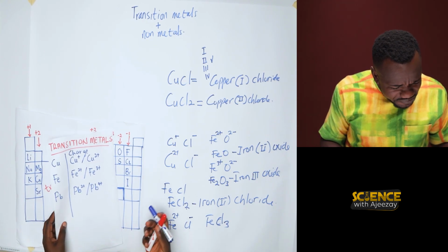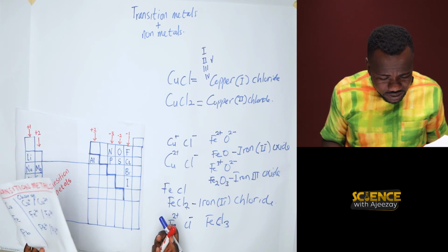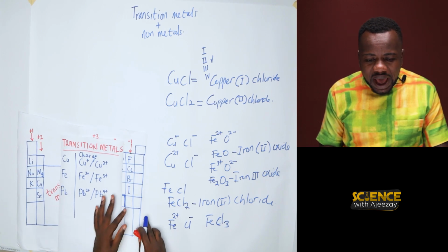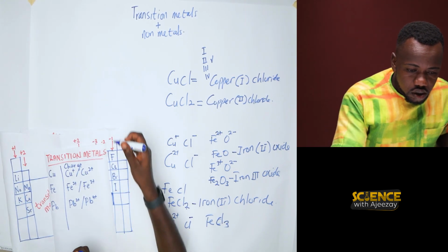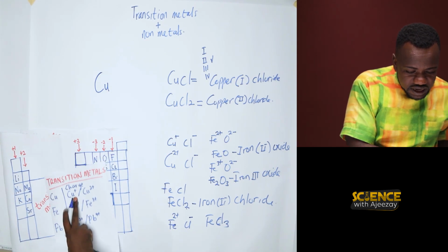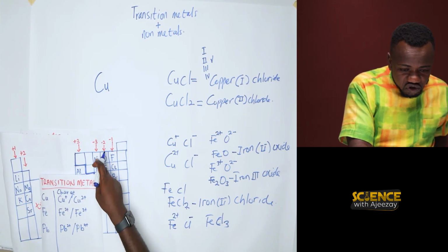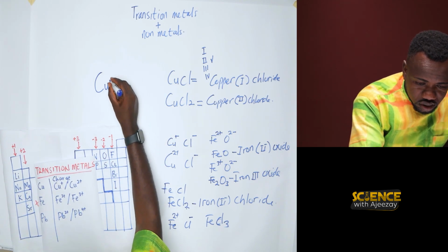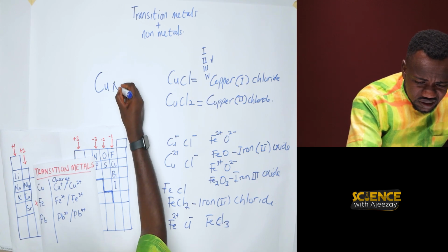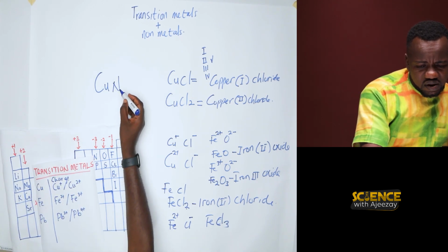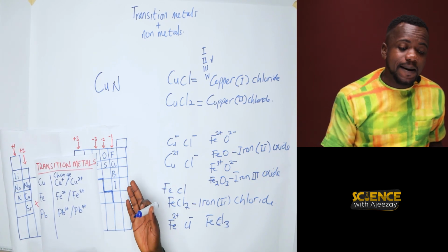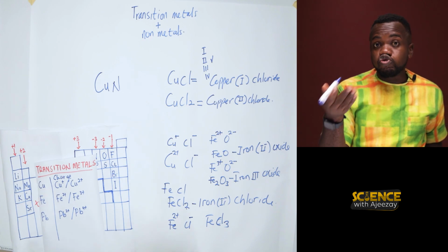Then let's take another one. Let's take copper, Cu, and then let's take nitrogen. Of course, we know nitrogen is 3-, and our copper could either be 1+ or 2+.